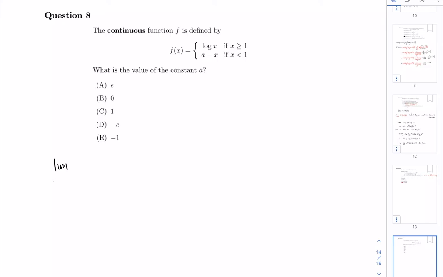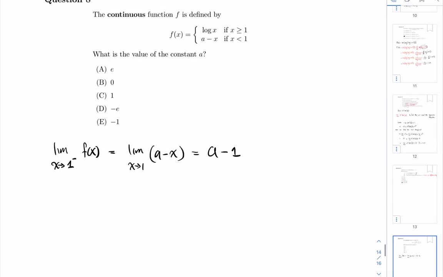So the limit from the left of f of x is equal to the limit as x approaches 1 of log x. Well, that is actually incorrect, because log x is the function from the right. So here this is a minus x, which means that if I evaluate this function, then it should be equal to a minus 1.